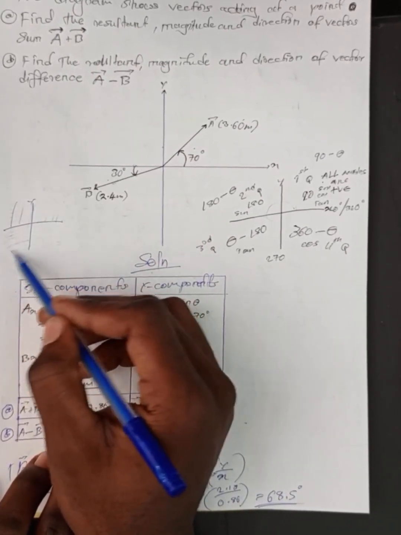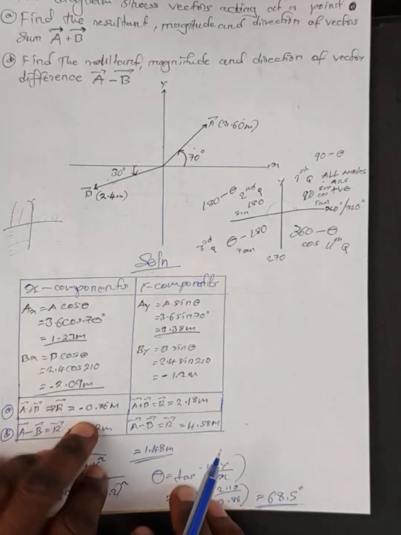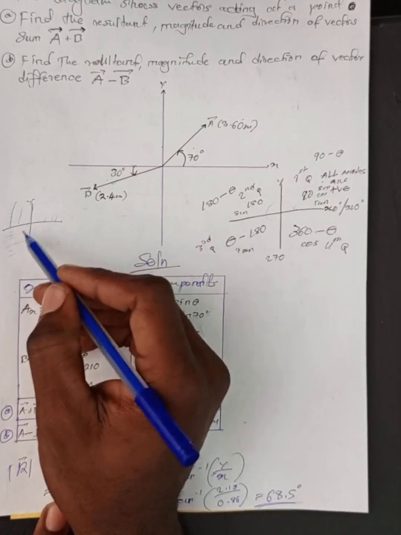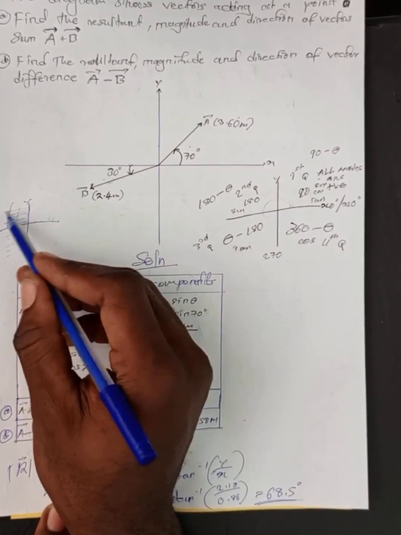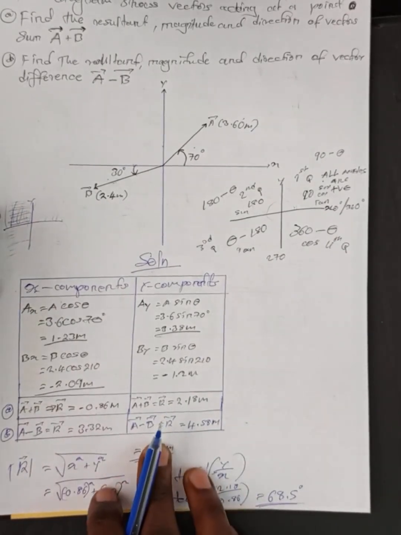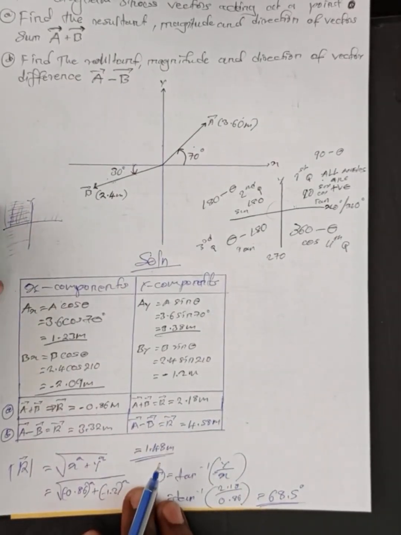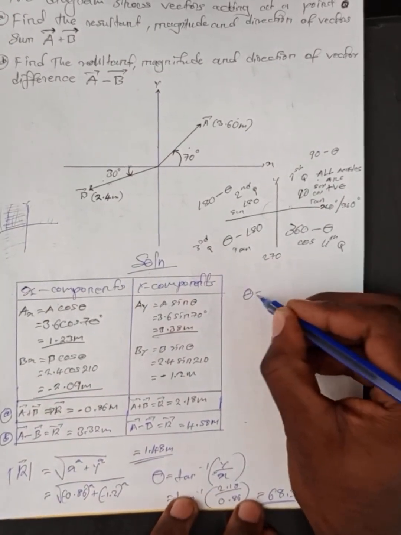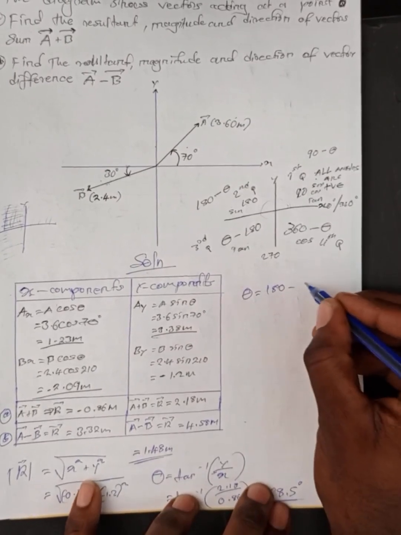All right. So if you look at this diagram here, where these things are meeting, where they are making boxes from, is here, where there is 180 minus theta. So here we are going to say theta is equal to 180 minus theta.